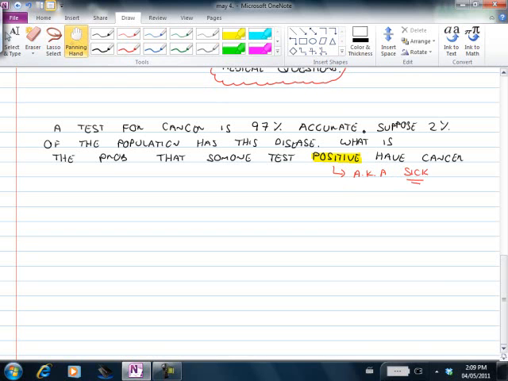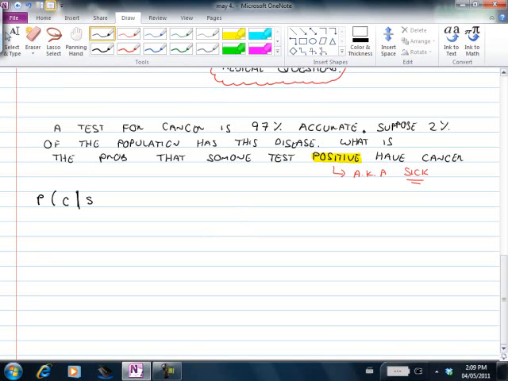Now the question is this. You go for a blood test. The test says you're positive, which means it shows you're sick. But what are the odds of you actually being sick? So this is actually a hidden conditional probability question. I can write this as P of cancer, of you actually having cancer, given that you test positive.